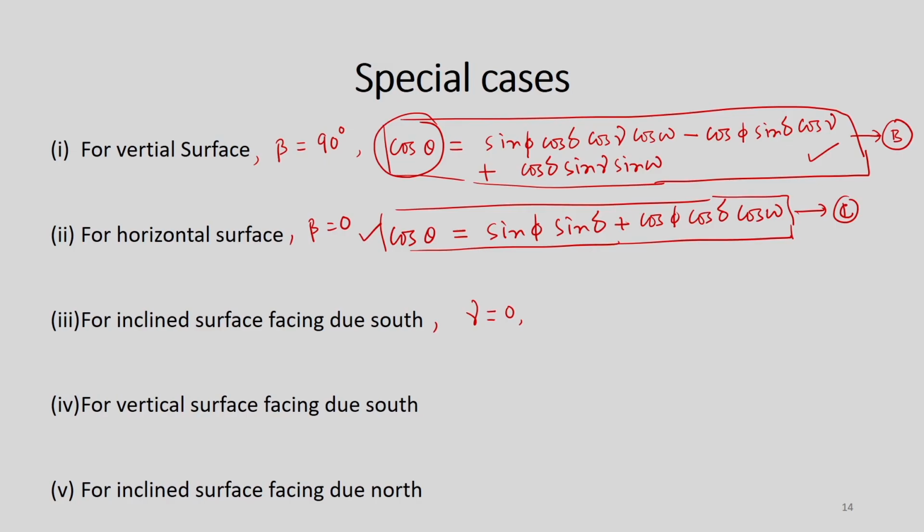If you substitute gamma, then we can simplify this and get an expression something like this: sine of phi minus beta, where phi is latitude, plus cos of delta, then you have cos of omega, and you have cos of phi minus beta.